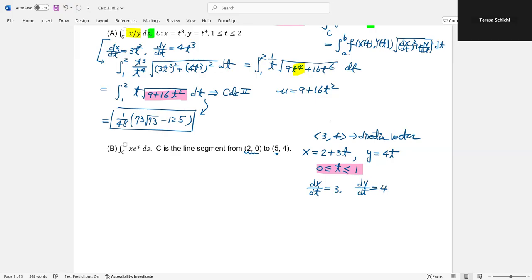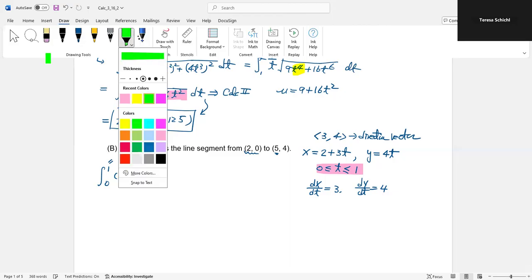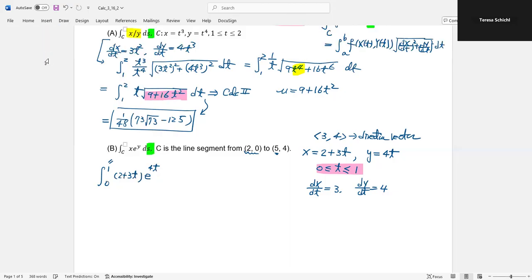Now I can rewrite this into the general calculus 2 type of integration. So t is from 0 to 1, then x is 2 plus 3t, and y will be e to the 4t. Be careful here, this is what I'm integrating, the arc length.